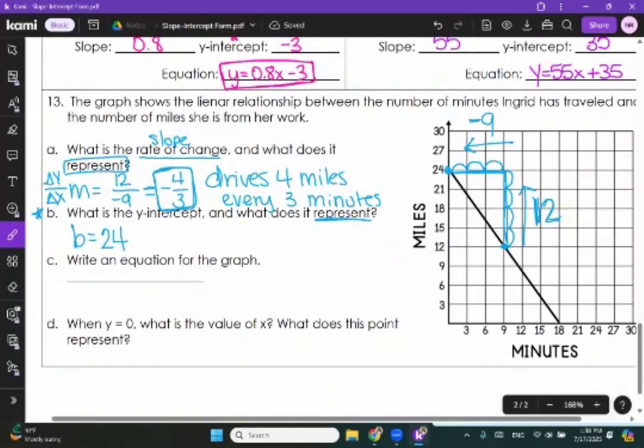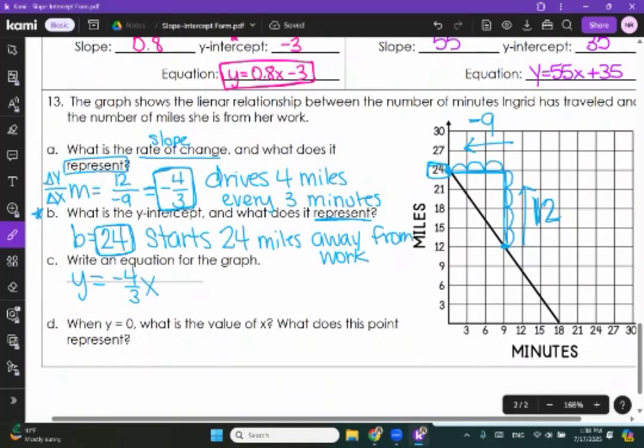She starts 24 miles away from work. So now that we have our y-intercept and we have our slope, we can write our equation. Y equals negative 4 over 3x plus 24. That 24 is still positive.